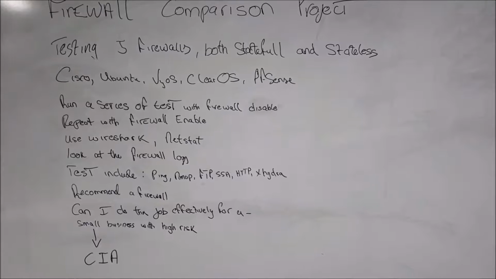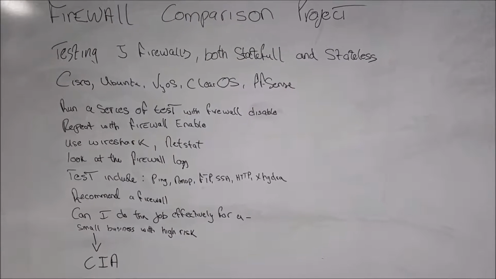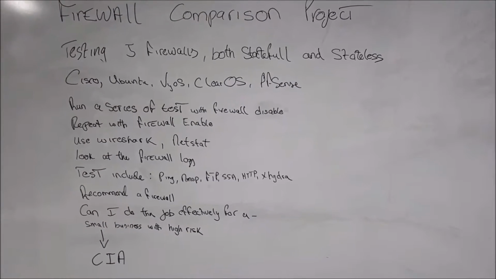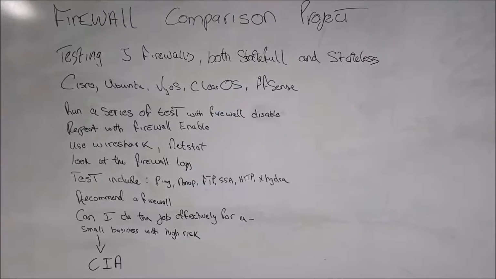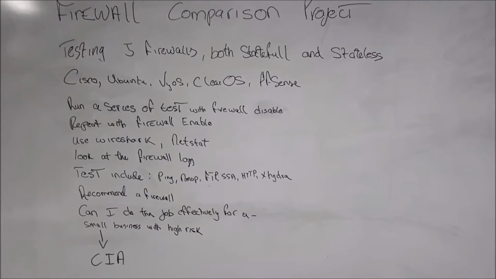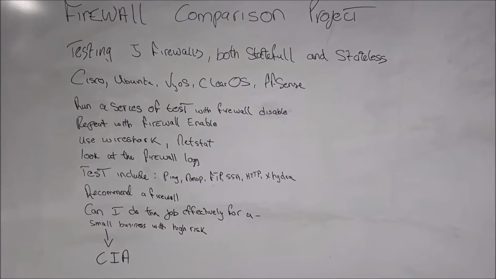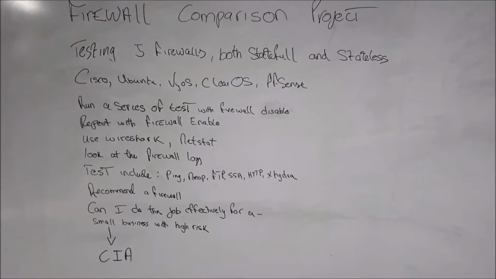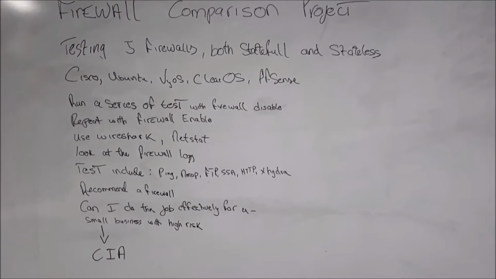I'll try to access the FTP server. On the target, I'll try to access the target through SSH. I'll try to access the Apache server through HTTP port 80. I'll run an Exciter attack. I'll run hping, which is similar to ICMP, but it uses TCP instead.